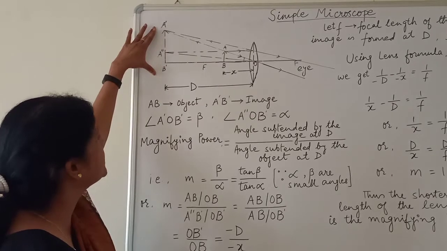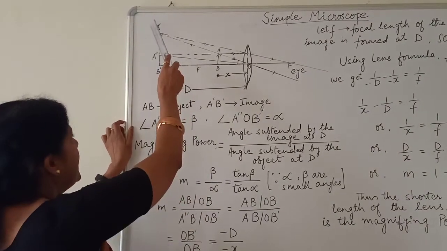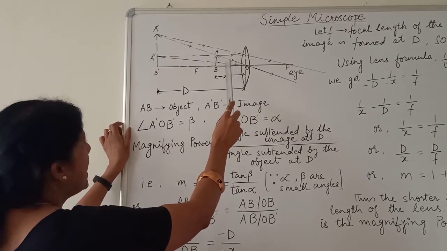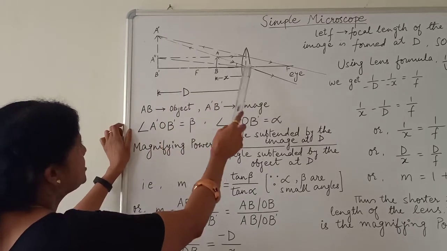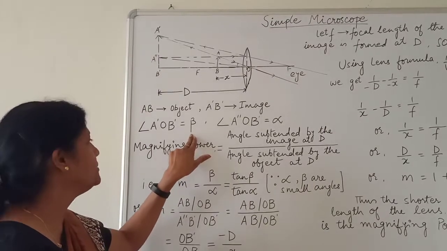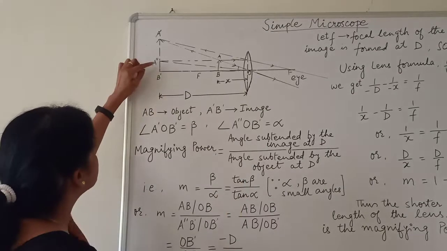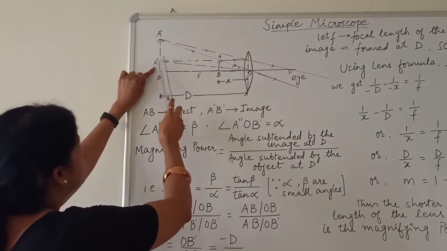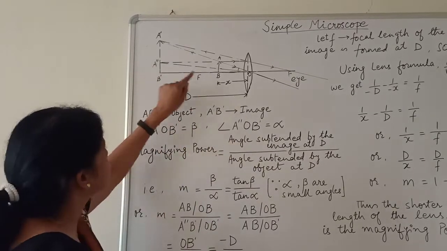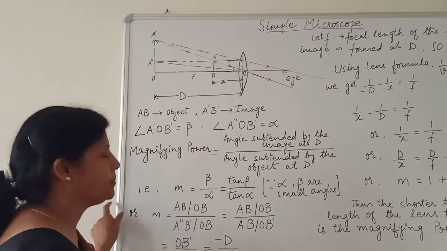A dash B dash is the image. The angle A dash O B dash is represented by beta. The angle A double dash O B dash, which is a smaller angle, is represented by alpha.